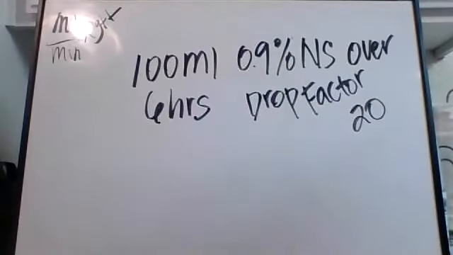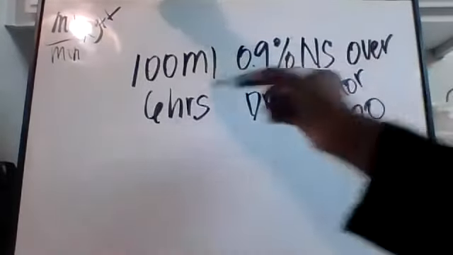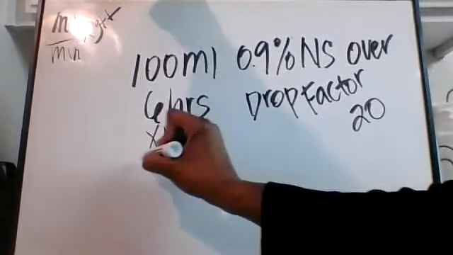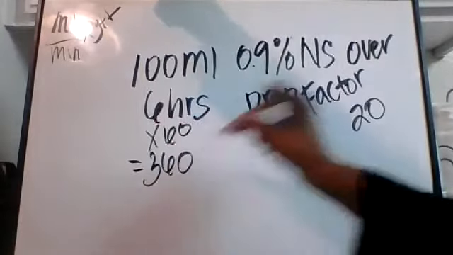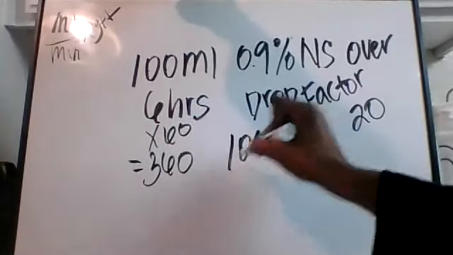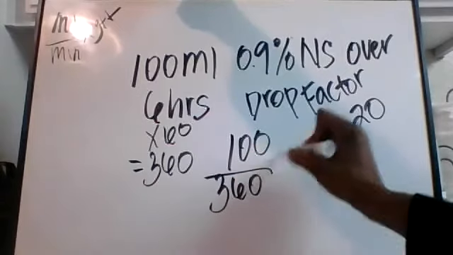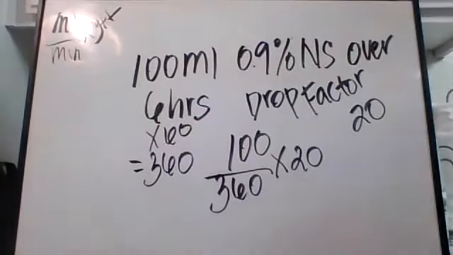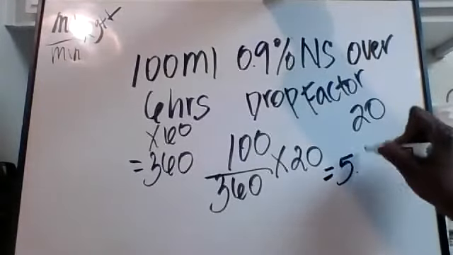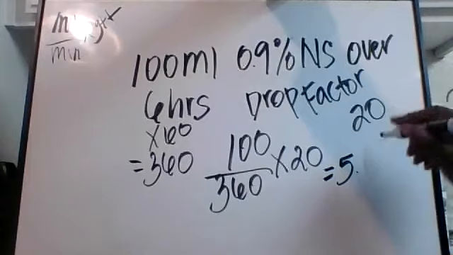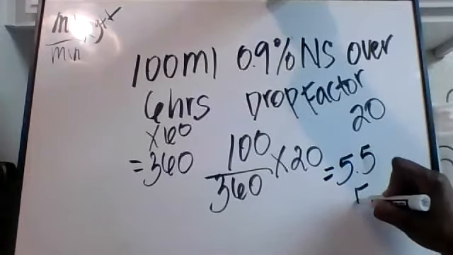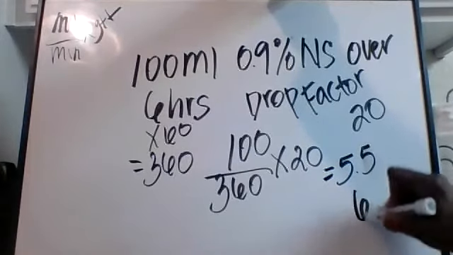So you take your 6 times 60, and that gives us 360. Okay, so now we have 100 divided by 360 times 20. So let's see what that comes up to. That gives us 5.5, to the nearest whole number, that would be 6. Okay.